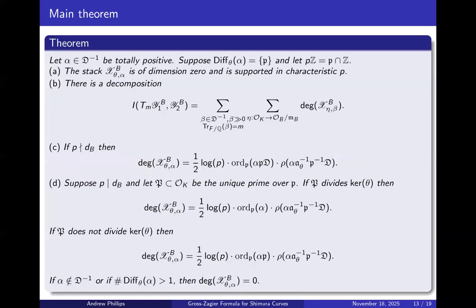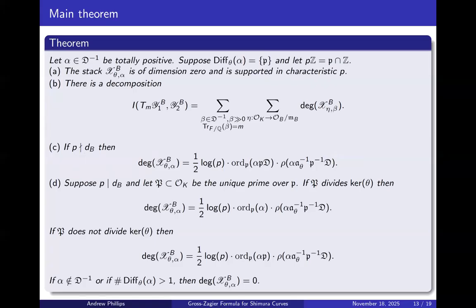This is a generalization of that theorem. And you can actually recover the Gross-Zagier formula as a special case. In the case of P not dividing the discriminant, if you suitably interpret these things, you can recover the Gross-Zagier formula.